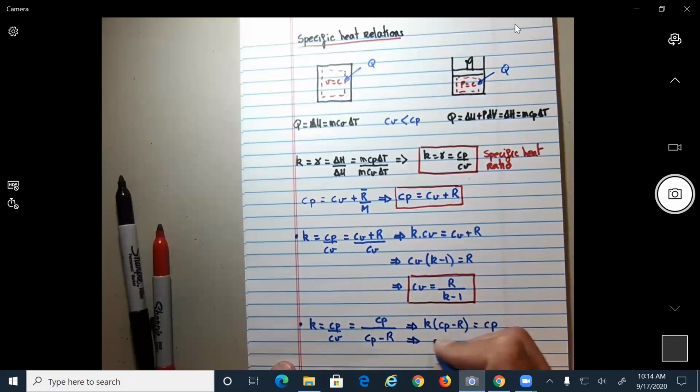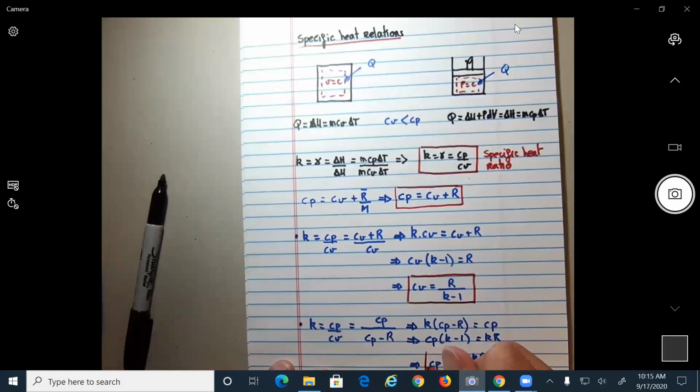If you factor out Cp, it's the same procedure. You get Cp times K minus 1 equal to KR, which will give you that Cp is basically the same as the other one, but KR divided by K minus 1.